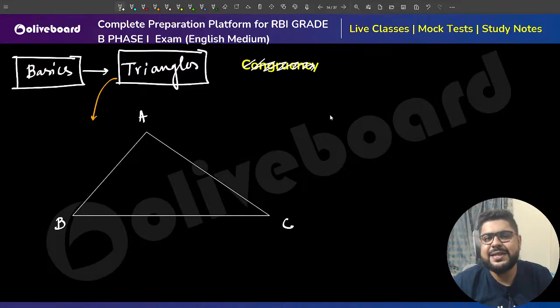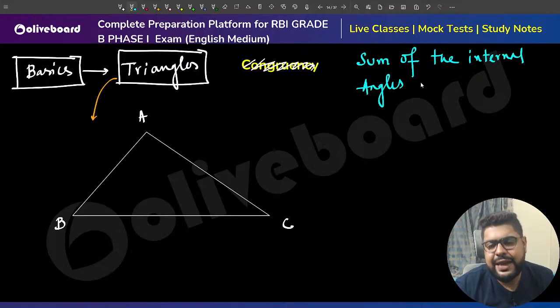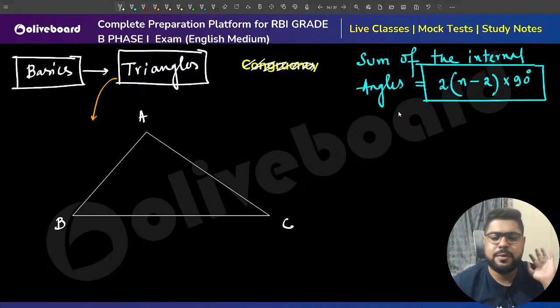So the first basic principle of triangles. Any polygon you take, the sum of the internal angles of any polygon is 2 into (n minus 2) times 90 degrees. This is the very basic thing that you need to start from.